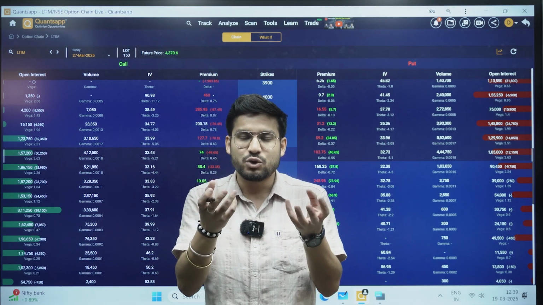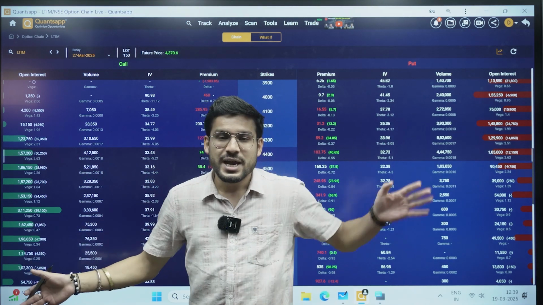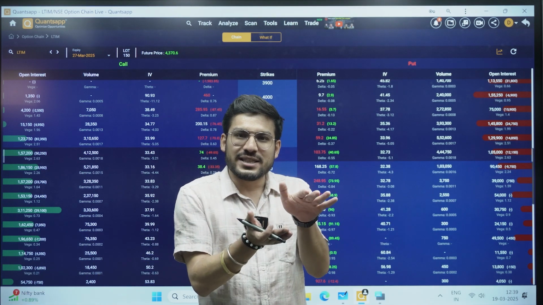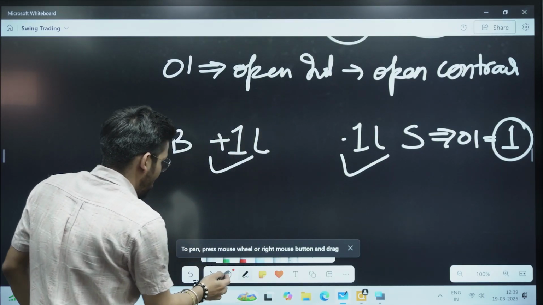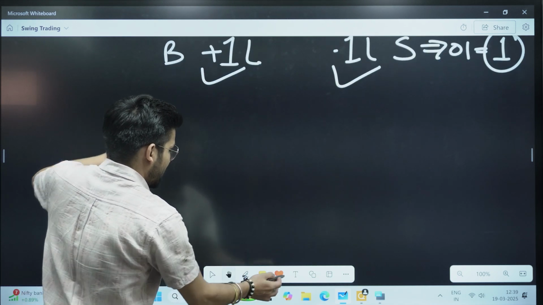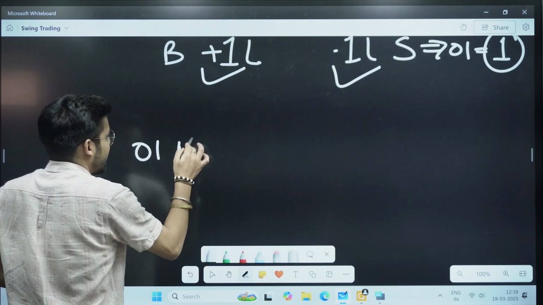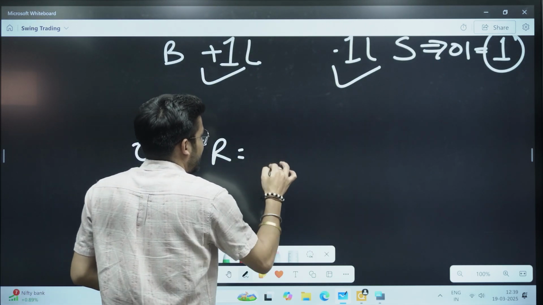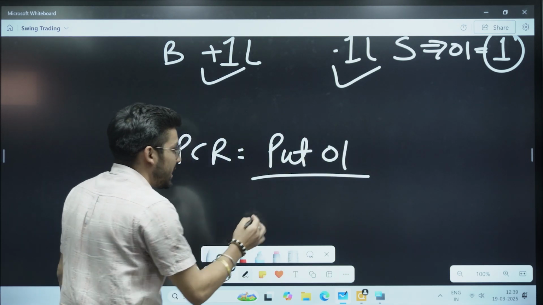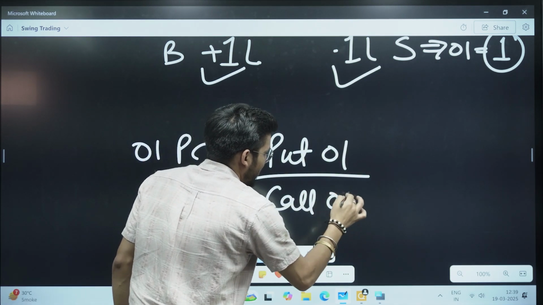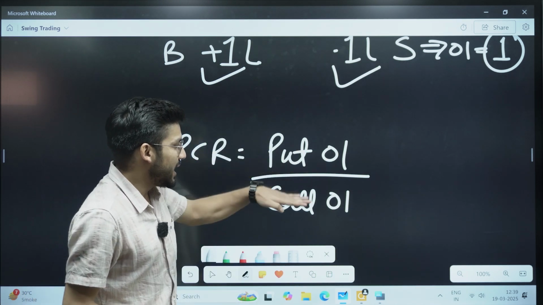We will do the total of call side OI and put side OI, and then we will take the ratio of them. And that is what will be known as the OI PCR. So OI PCR will be the combined put OI divided by the combined call OI.